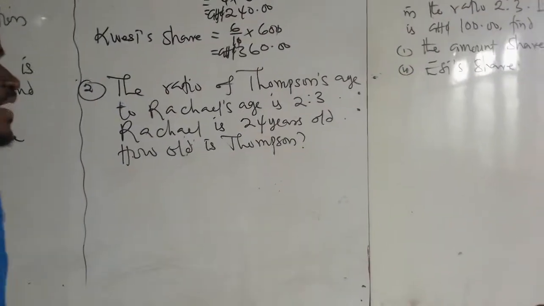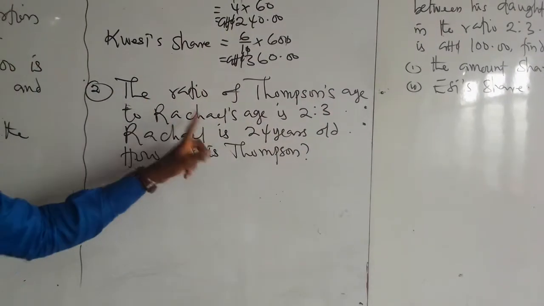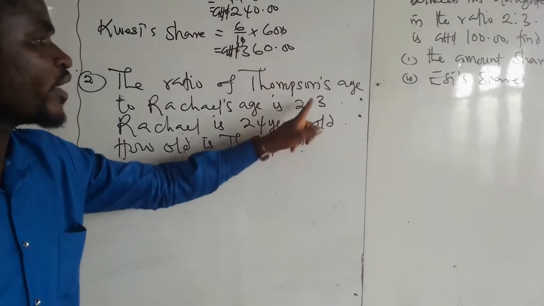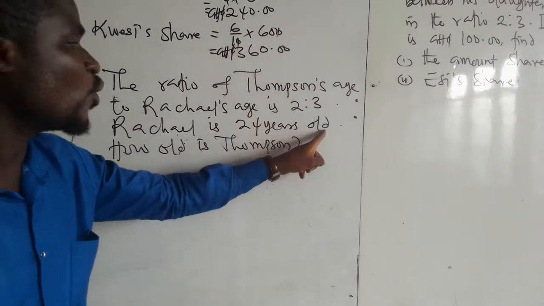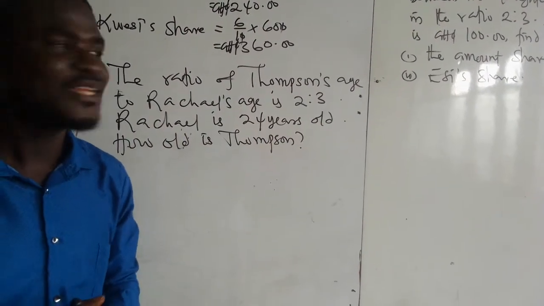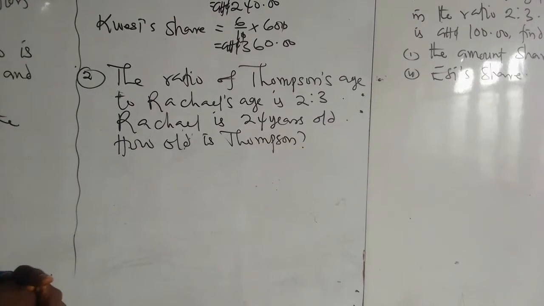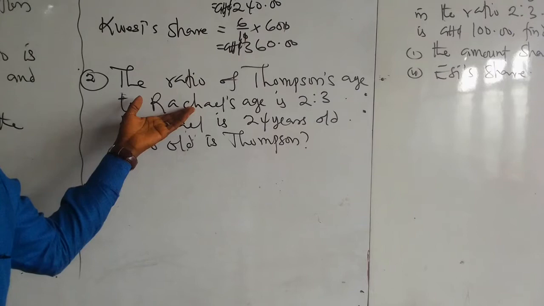The second example says the ratio of Thompson's age to Rahel's age is 2:3. Rahel is 24 years old. How old is Thompson? Now, we don't know the age of Thompson, but we know Rahel's age.